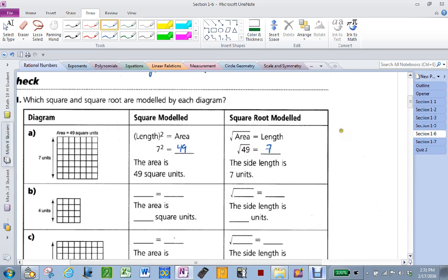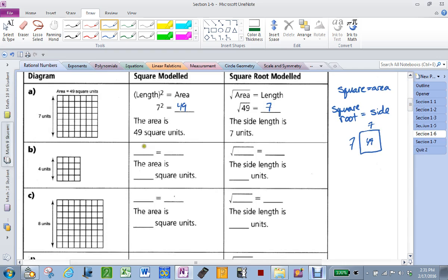So what does that tell us? That tells us the square equals the area, and the square root equals the side. So now we know that every single time we take any number, if we draw it on the side of a square, 7, and draw it again, 7, we make the square and we get 49 in the middle. 49 is the square, 7 is the root.